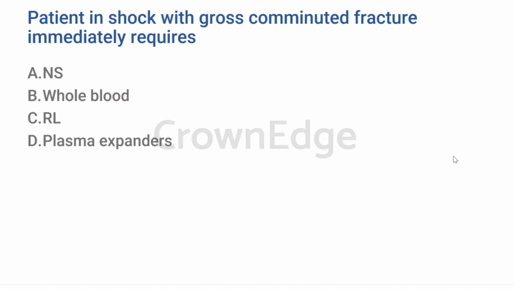So what is blood? Is it a colloid or a crystalloid? Yeah. So dextrose is which one? Dextrose and normal saline are usually given. Is that a crystalloid or colloid? It is a crystalloid. So crystalloids are going to be normal saline, DNS, and RL, that is Ringer's lactate.